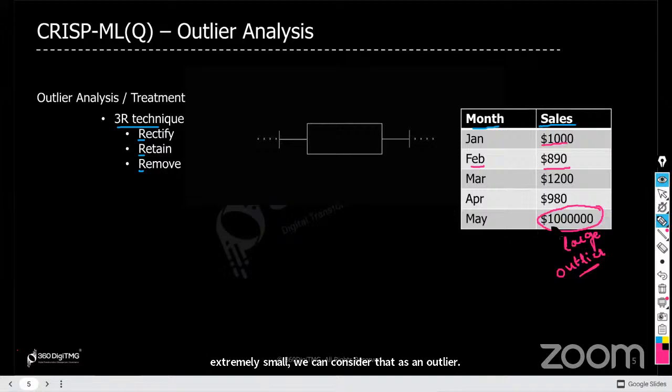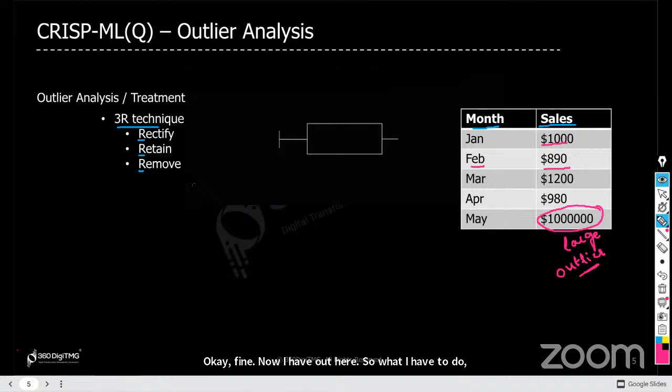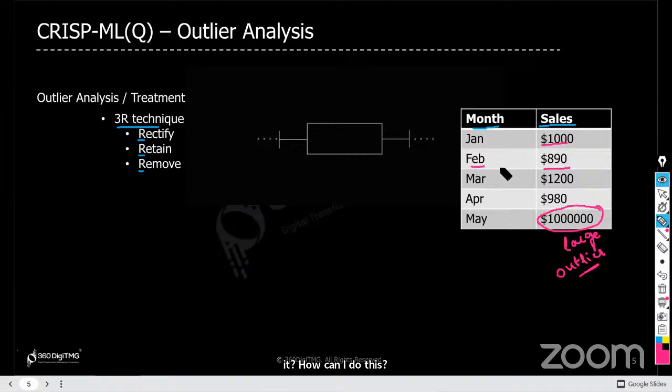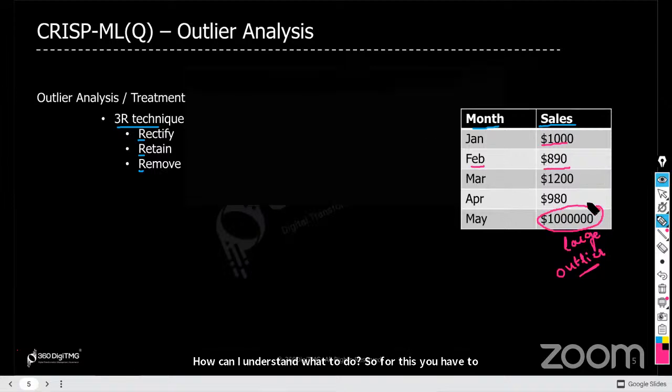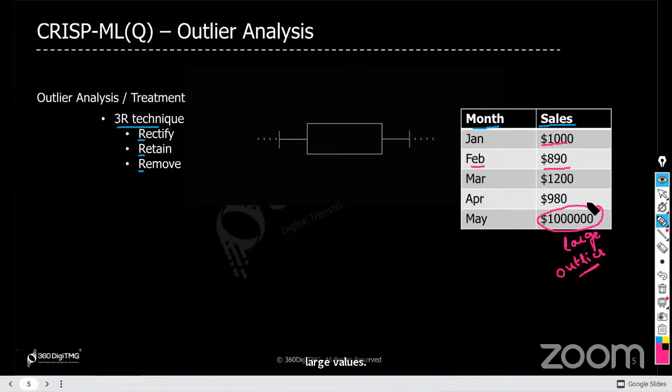So what do I have to do? Do I have to rectify it, retain it, or remove it? How can I understand what to do? For this, you first have to understand the reason why you are having such large values.